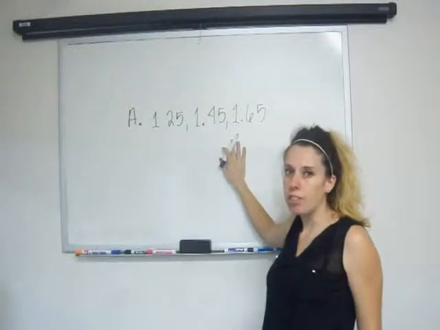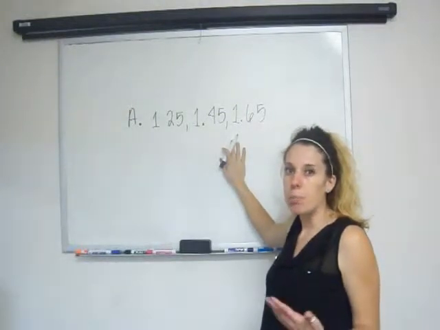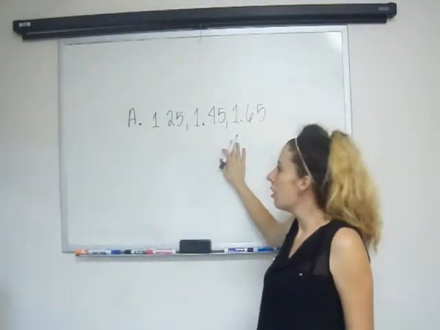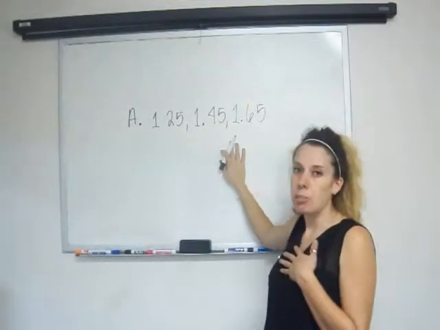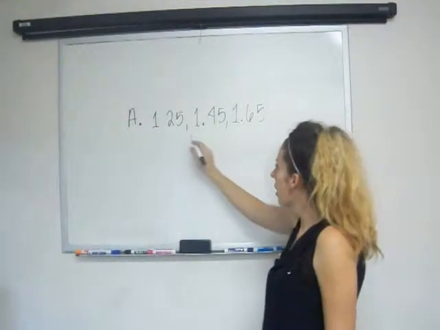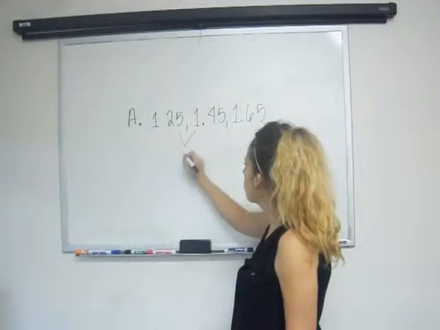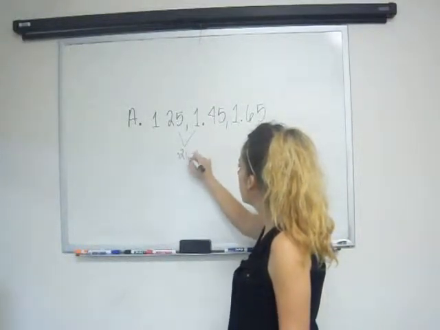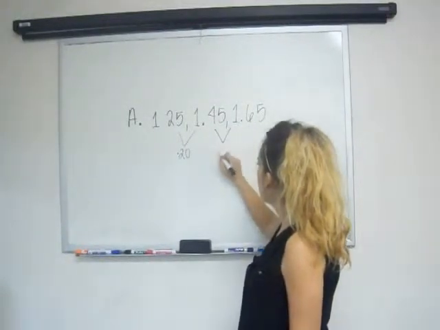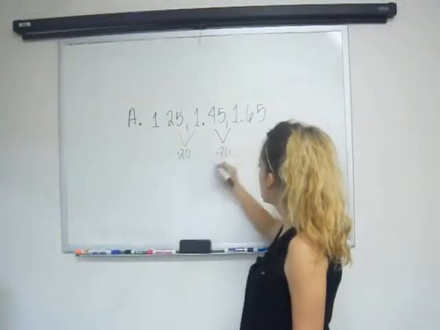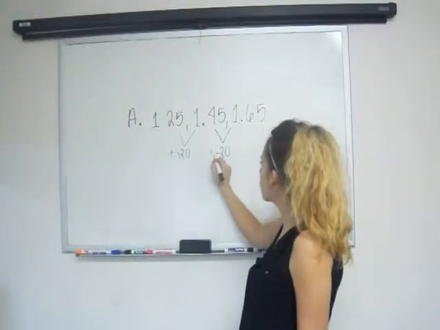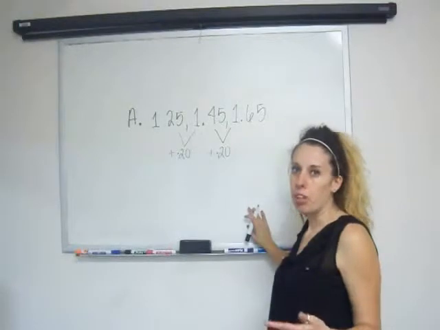Looking at these numbers, we're trying to find a pattern, and looking for a pattern is using inductive reasoning. Looking at these, I can notice the pattern of addition. It looks like the difference between these two is 0.20, and then again the difference between these is 0.20. So each time they're adding 0.20.